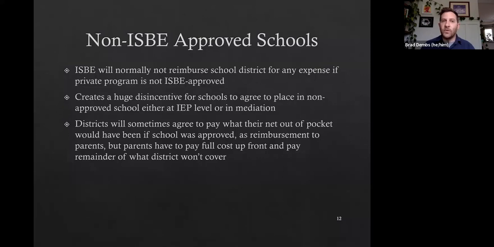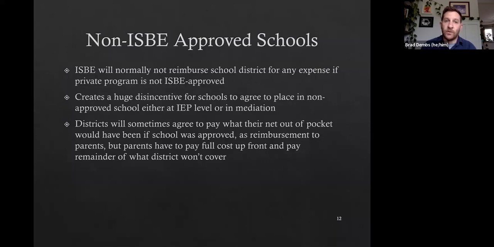There are many schools that are not on the state's approved list for one reason or another, and that does not necessarily on its own indicate that it's not an appropriate placement. So there are programs that we've placed students in or assisted parents in getting placement in that are not ISB approved.